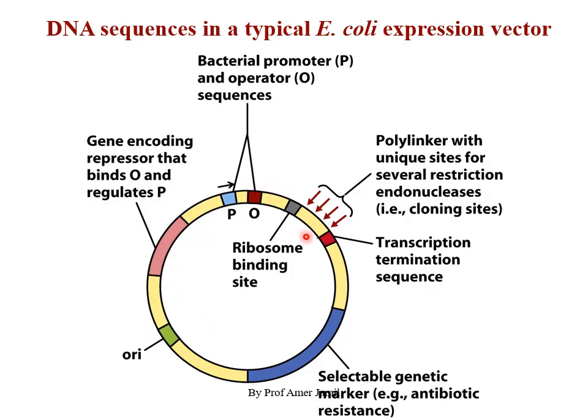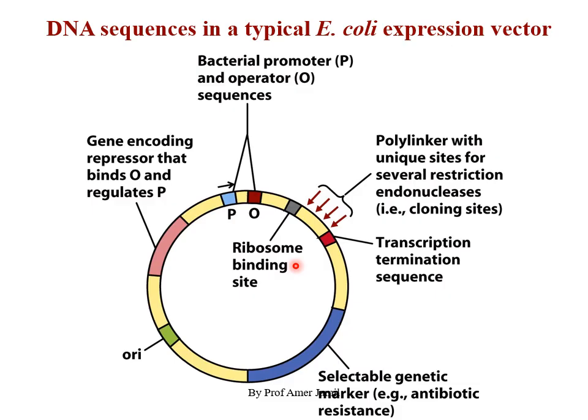This is an expression vector. It contains all the signals for transcription and translation. As you can see, there is an operator and promoter sequence here. Then the gene encoding the repressor, meaning the lacI gene, is also present here. And then this is the multiple cloning site, which is present within the lacZ.